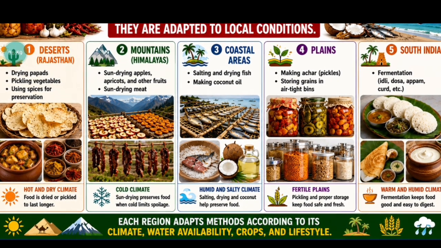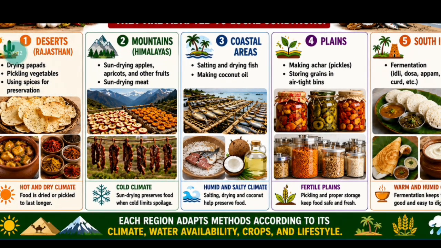So these are the points related to food preservation techniques. Different types of things are available in different areas, and there are different climatic conditions. In desert Rajasthan there is a hot and dry climate, so they dry food and they make pickle. In the mountainous region there is a cold climate, so sun drying and these preservation techniques take place.